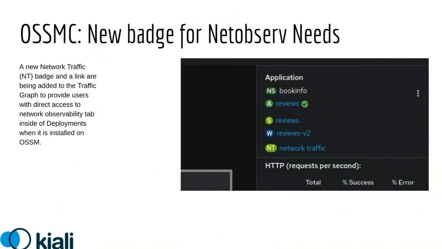Another feature was about adding a new badge for NetObserv needs, and I will let my colleague Meili talk about this slide. Thank you. For this release, we have added a network traffic badge that works when a user has installed the NetObserv plugin.